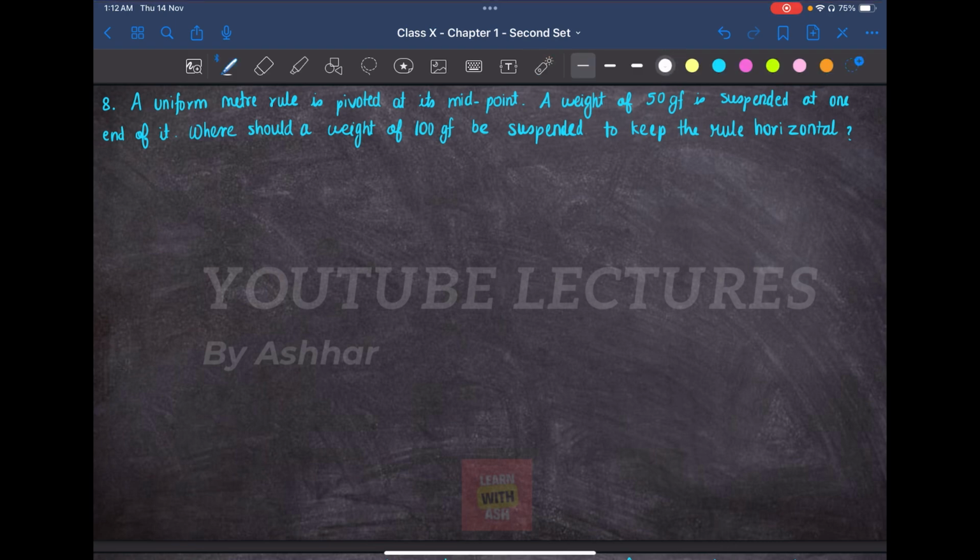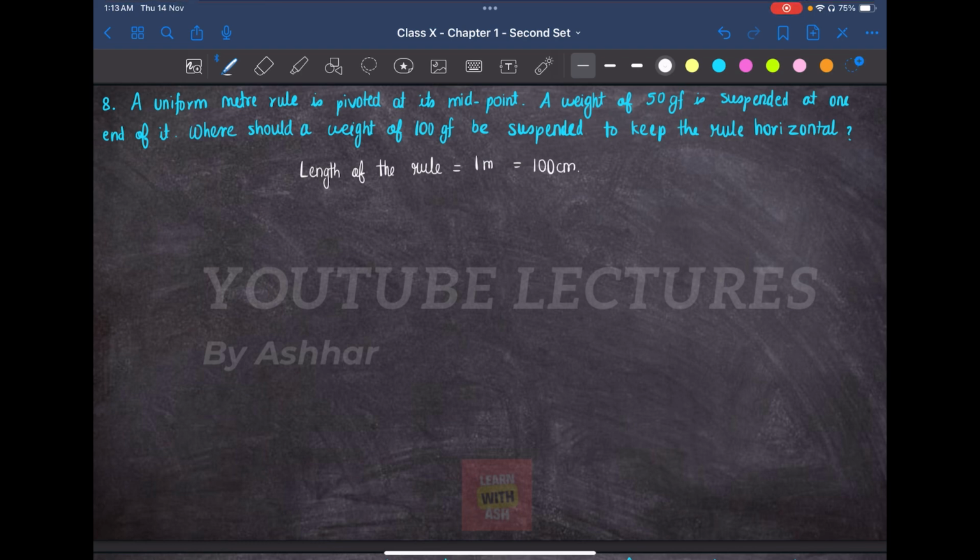Why? Because the word meter rule tells me about the total length of the rule which is given to us. So I can write length of the rule is equal to 1 meter, which I can take as 100 centimeter.